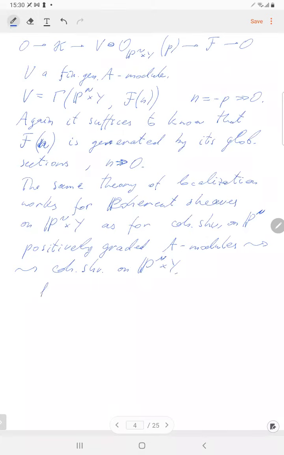We replace K by A, and vector spaces over K are replaced by A modules. But then everything goes through for the same price. Nothing changes. And in particular, the proof of this theorem goes through. So this is it for this relative version.